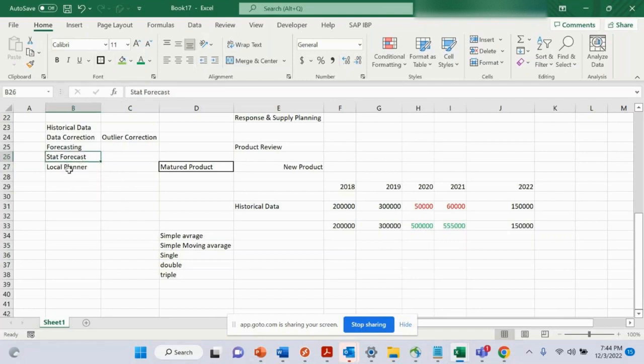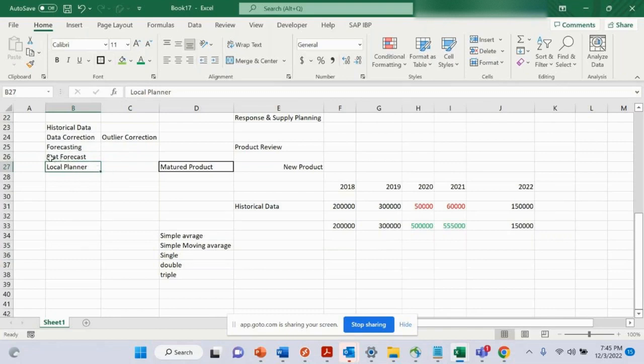If I am a local planner and I think that what my system is suggesting as a forecast, or what my Excel or whatever I am using is suggesting, is not accurate, which is obviously not, because the system works in a pattern way, then to fulfill his or her target, they enter some numbers in the local planner field.